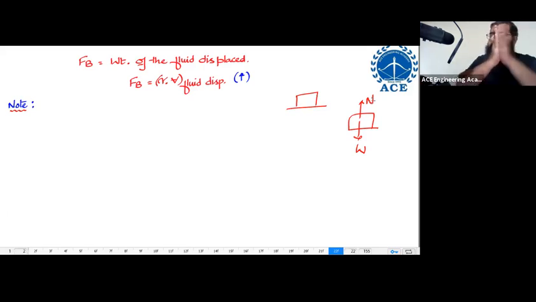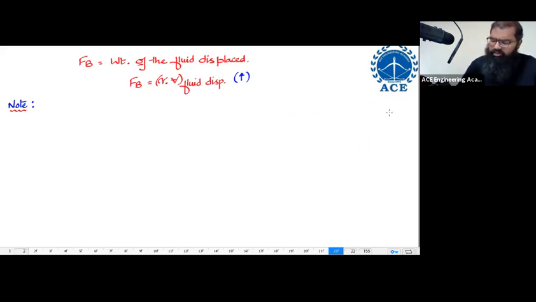Action and reaction have to exist between two bodies in interaction. You can refer to some good literature for this. I would recommend Resnick Halliday. He has made a very interesting discussion on Newton's third law.